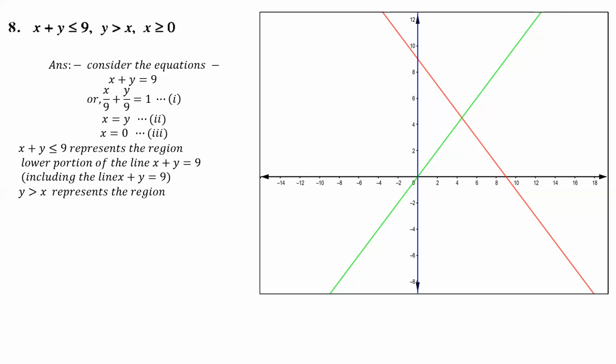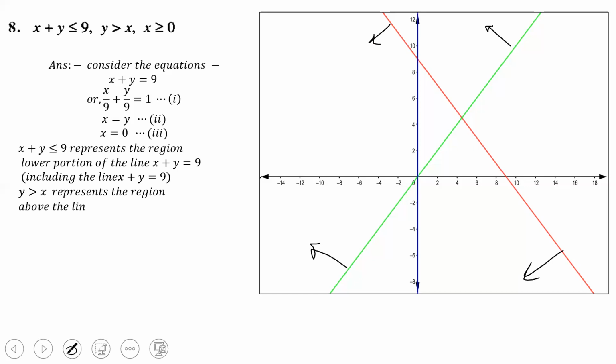Okay. And if we want to mark it, it will look like this. Clear? Now y greater than x, so it will represent this upper half, or the left hand side upper portion of this line. Okay.